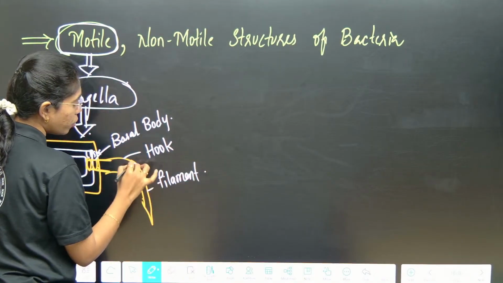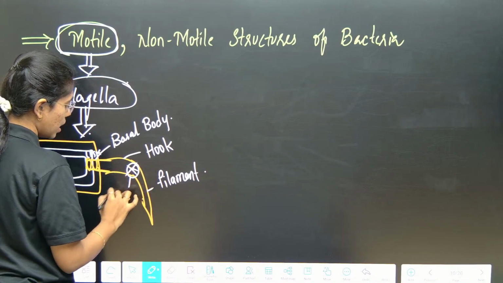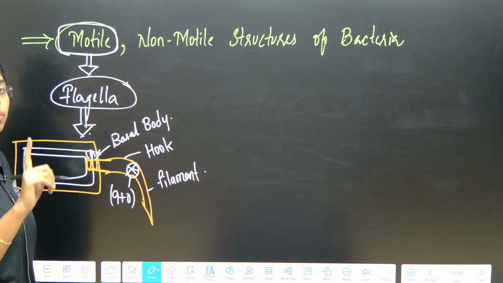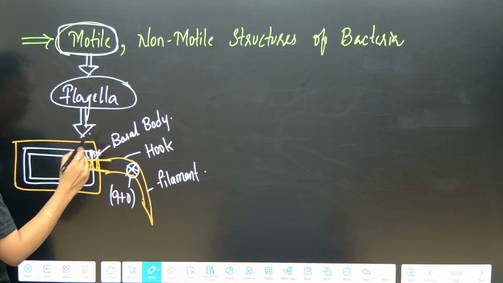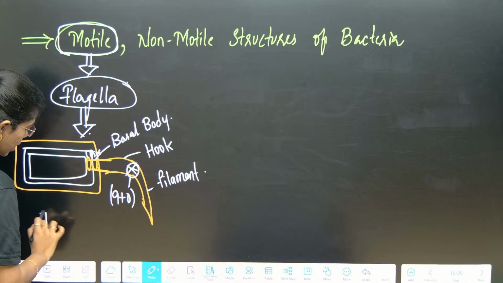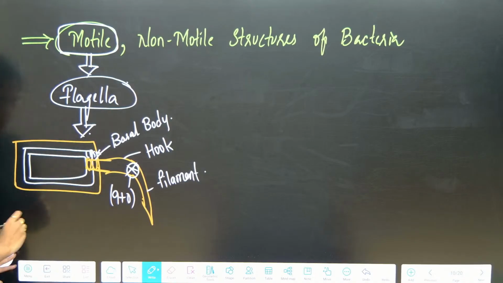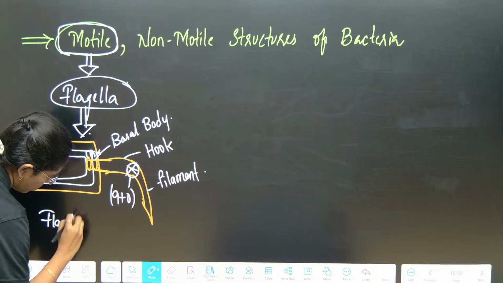And the microtubular arrangement inside is a 9+0 arrangement. It is not as complex as what you will see in eukaryotic flagella. And what is the protein that is present? Flagellin protein. In eukaryotic flagella, tubulin protein is present. Prokaryotic flagella consists of flagellin protein.